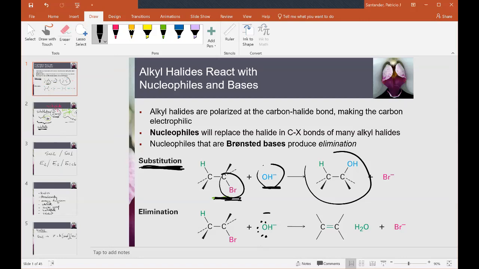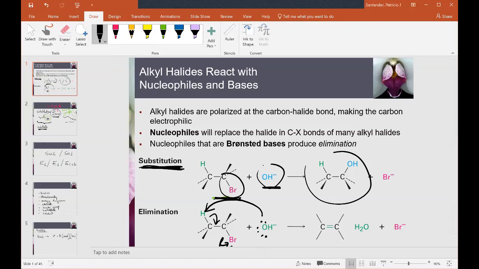A pair of electrons of the OH can help us to abstract one proton from the substrate, and then with that pair of electrons we can make a double bond and the bromine leaves, right?